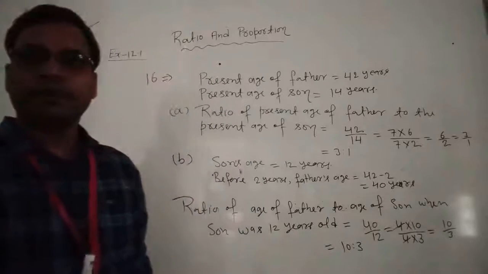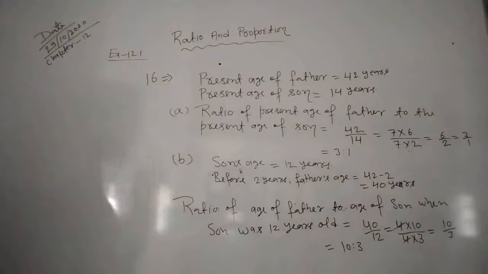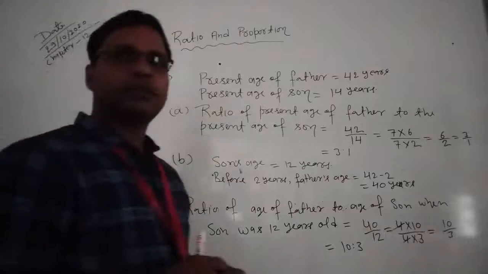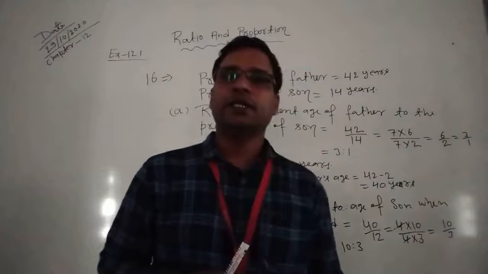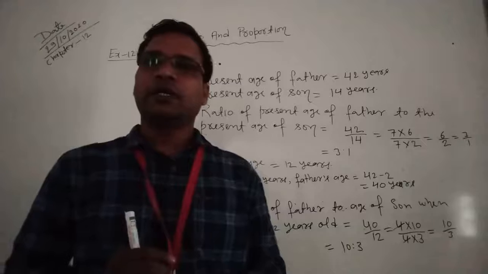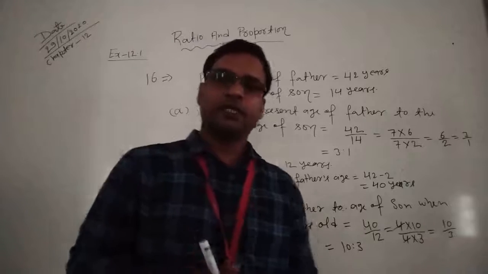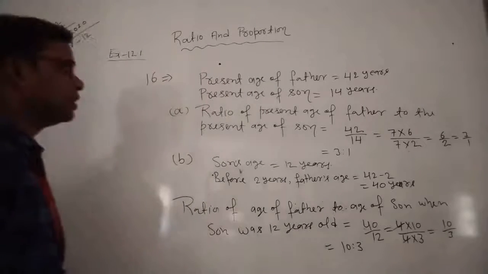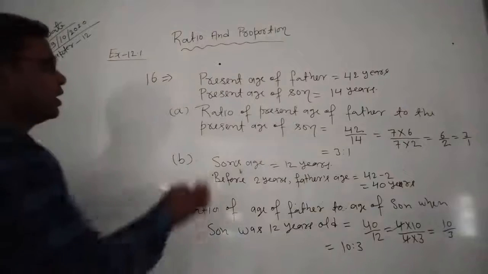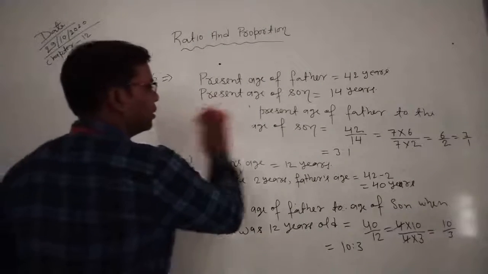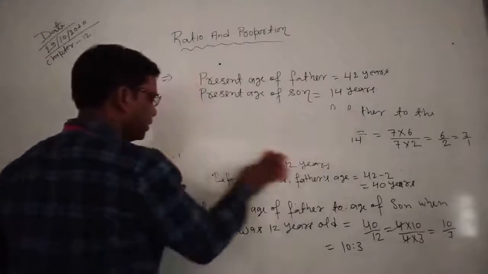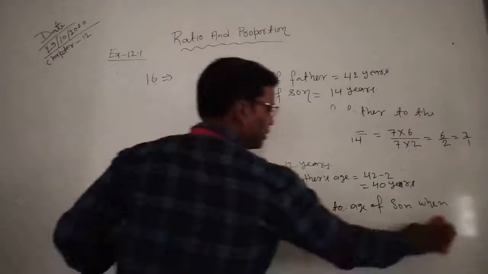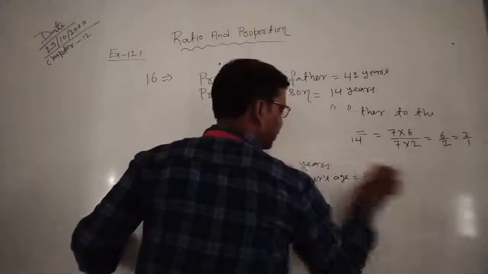Now the C part of this question is: age of father after 10 years to the age of son after 10 years. Find the ratio. First you find the age of father after 10 years.